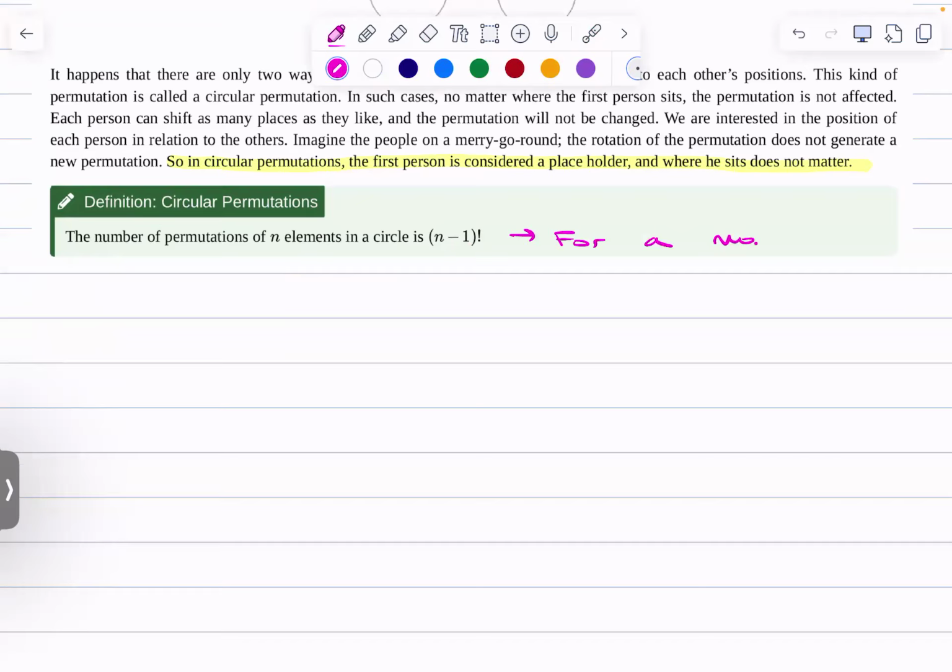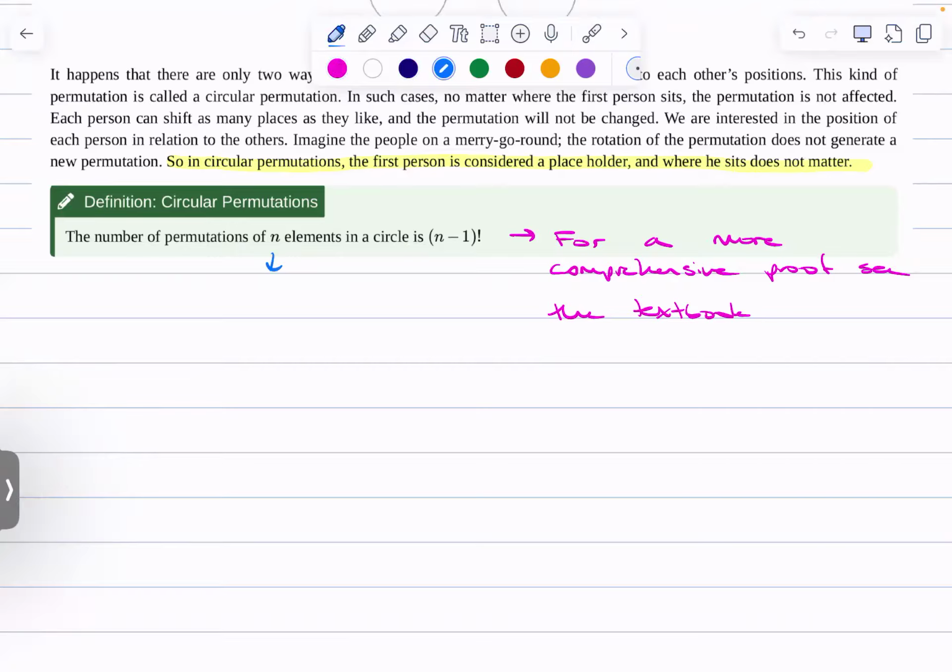For a more comprehensive proof, see the textbook.